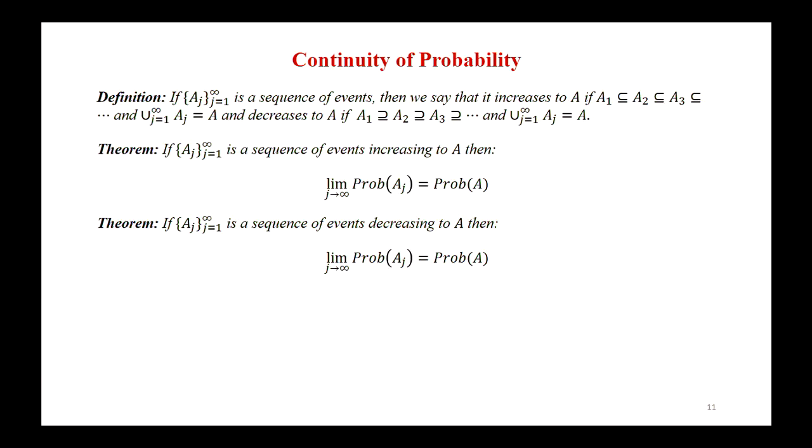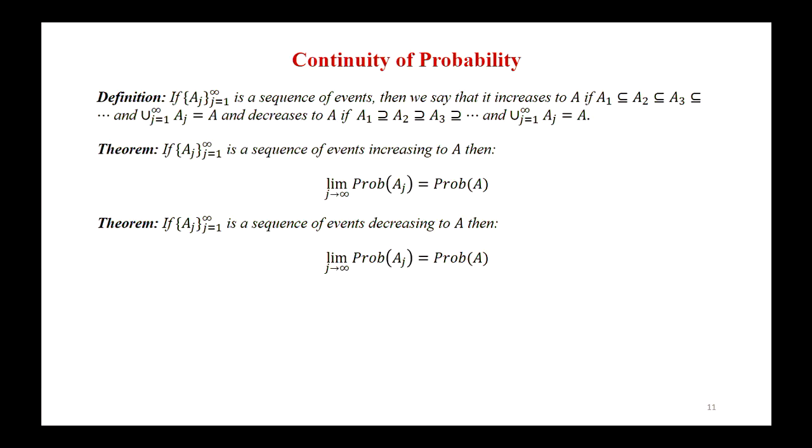If Aj denotes an infinite sequence of events, then we say that this sequence of events increases to A, being another event, if A1 is a subset of A2, is a subset of A3, and so forth, and the union of all of my Aj's is equal to A. In that case, we say that the sequence of events, Aj, increases to A.